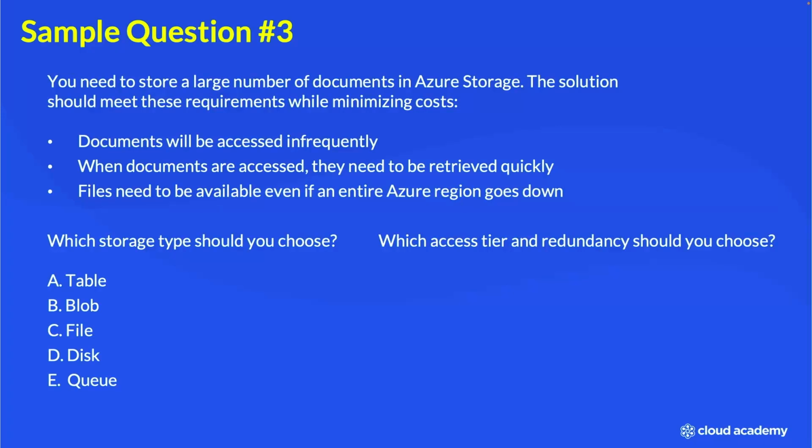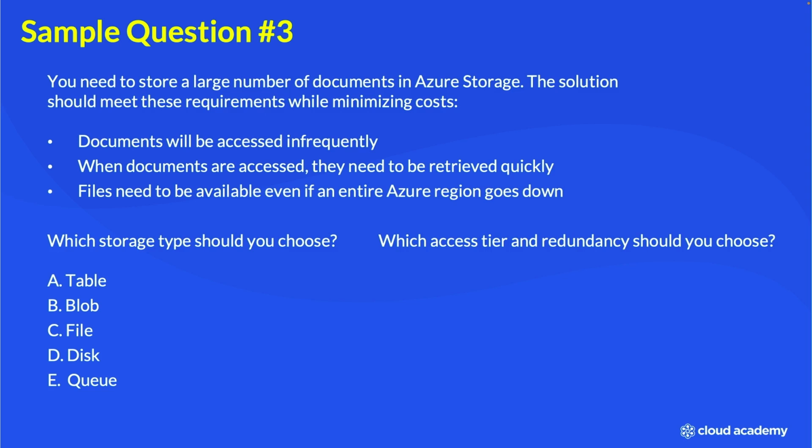You might think, based on the question, especially considering it's talking about files in the third requirement, that file would be the right answer. But blobs and files are actually similar. Blobs are stored as files. So really blob storage is file storage. So what's the difference between blob storage and file storage? Well, file storage is meant to be for network file shares.